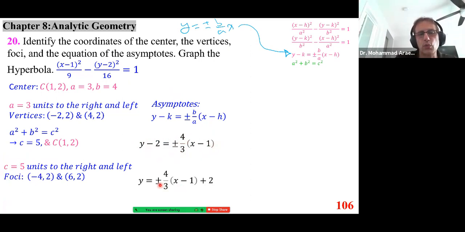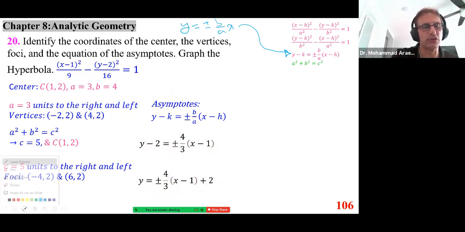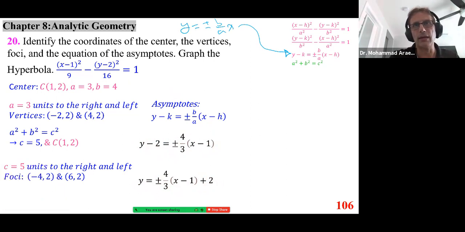Now this is one line with the positive 4 thirds, and again, simplified, the negative 4 thirds is another one. I'm assuming everybody can simplify this. It's not a big deal. Just as an example, if you go with one of them, 4 thirds times x minus 1 plus 2, that's one of them, and simplify. Let's call it y sub 1.